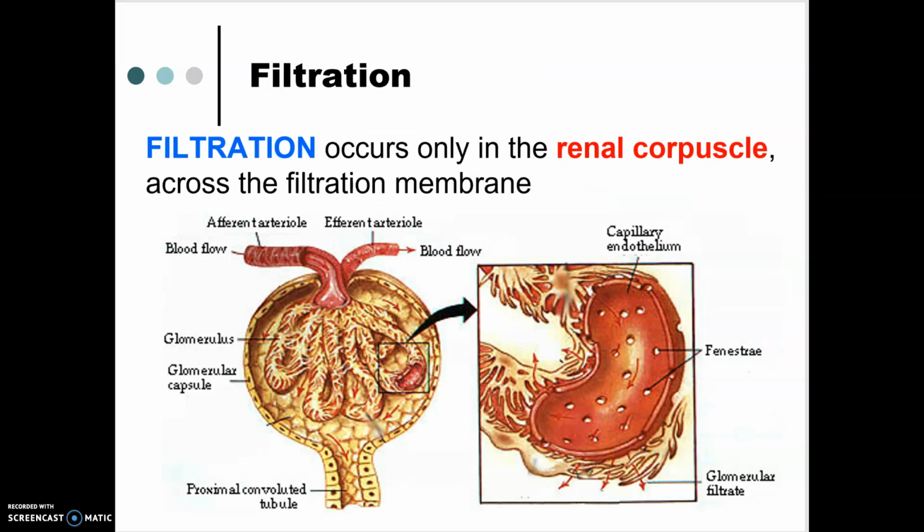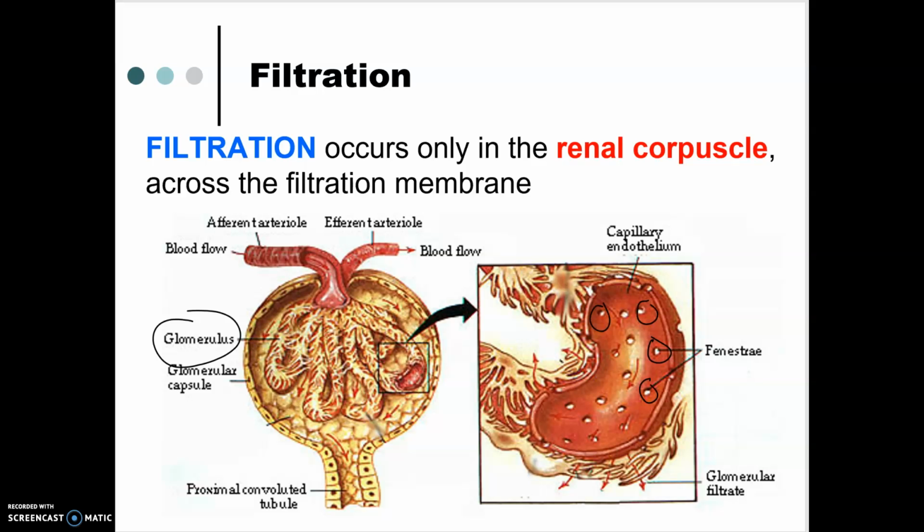So filtration occurs in the renal corpuscle, and you can remember that the renal corpuscle is made up of the glomerulus and the Bowman's capsule together. If we look at the glomerulus, we know it's a series of small blood vessels, and if you look at the close-up here, they have these tiny holes in them that we call fenestrae.